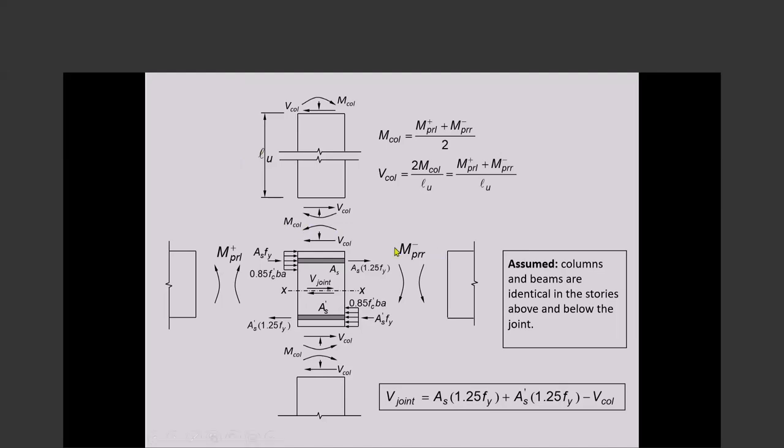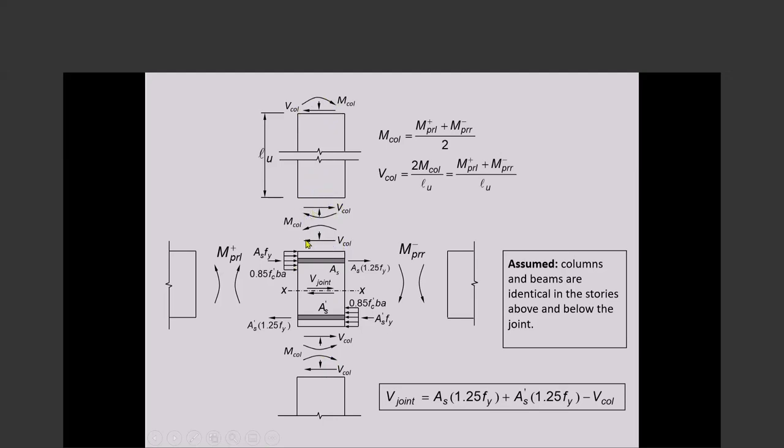Okay? So the bending moment acting on the joint is M column. That same bending moment acts at the lower end of the upper column and at the upper end of the lower column. The upper column has the same moment acting at the upper end. We add the two moments together, divide by the height of the column. That gives us the column shear.